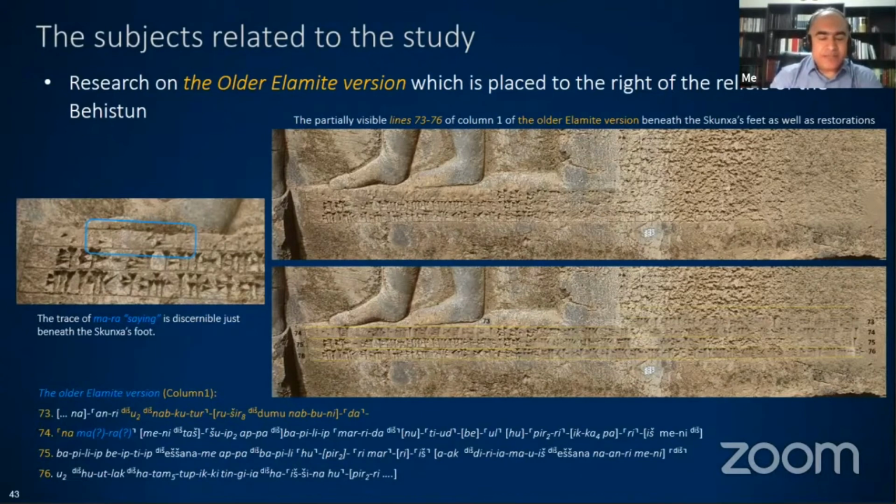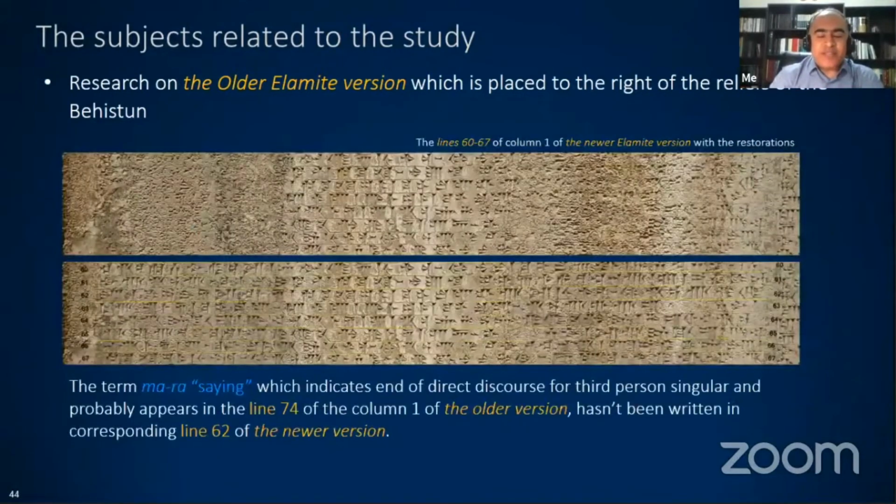The Elamite Mara, meaning saying, has probably been written just after the quotation, "I am Nebuchadnezzar, son of Nabonidus." While this term hasn't been written after the mentioned quotations in line 62 in the newer Elamite version. We know that the Elamite Mara appears after some other quotations in the Elamite Behistun as well as some Persepolis texts.